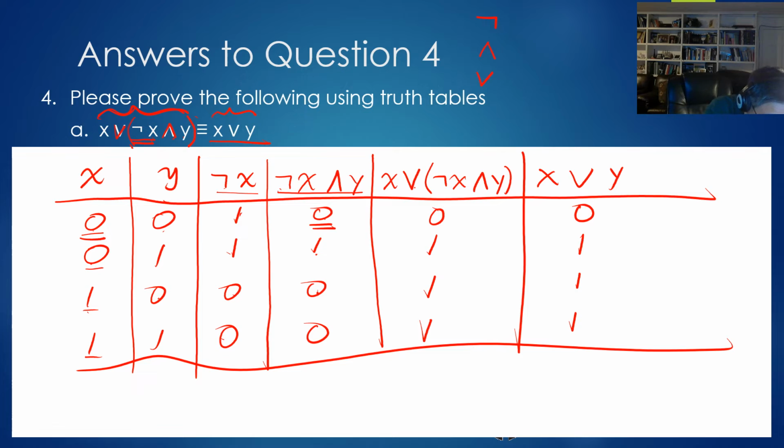The only chance that you get 0 is when both operands are 0. So now you compare the left expression and the right expression. You will get basically the same values. So you have proved that these two expressions are equivalent using the truth table.